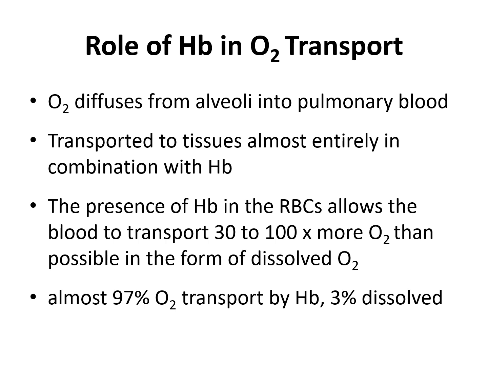Now, let's go back to the transport of oxygen and the role of hemoglobin in oxygen transport. So as we said, in the lungs, you're breathing air, oxygen is coming in, and it's diffusing from the alveoli into the pulmonary blood. Here it binds to hemoglobin and gets transported.